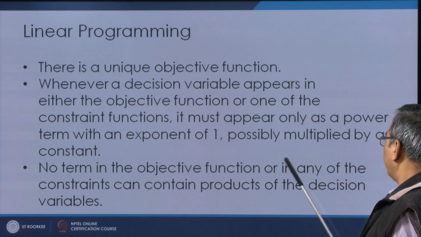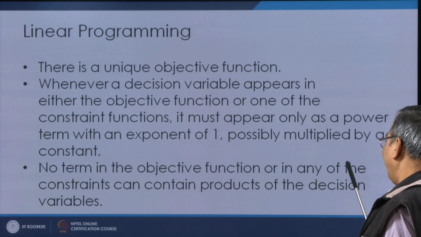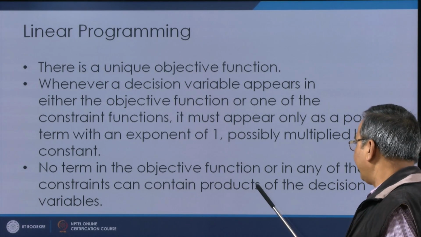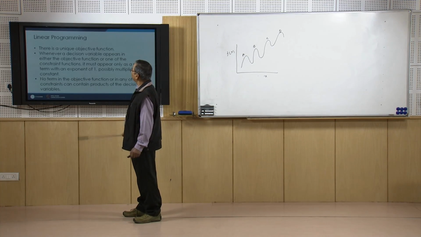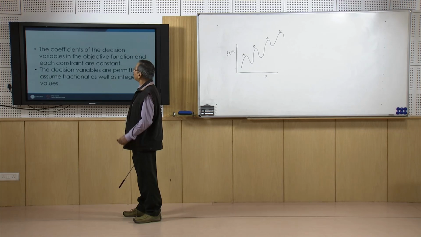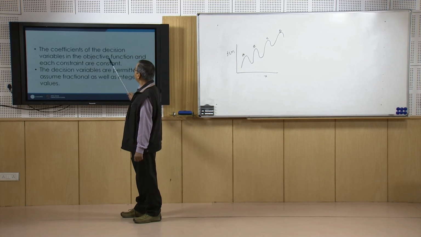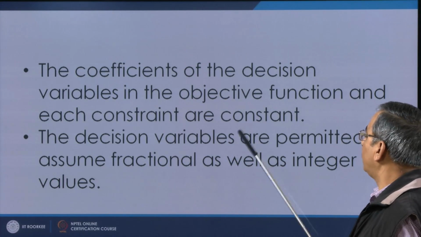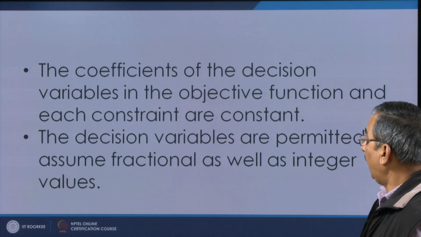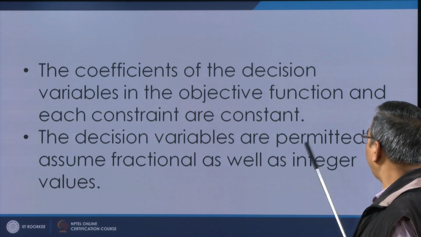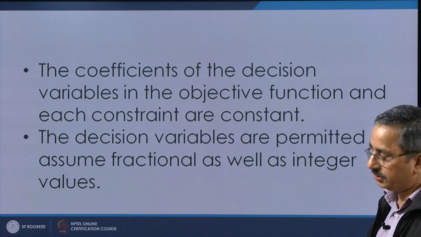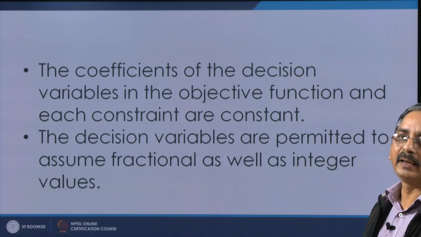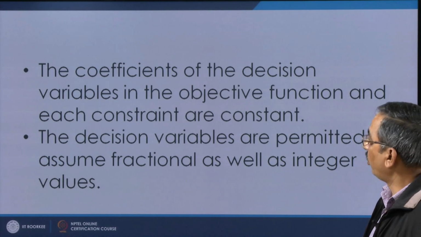No term in the objective function or in any of the constraints can contain a product of the decision variables. Then the coefficients of the decision variables in the objective function and its constraints are constant, and the decision variables are permitted to assume fractional as well as integer values. So this is what is there in case of linear programming.